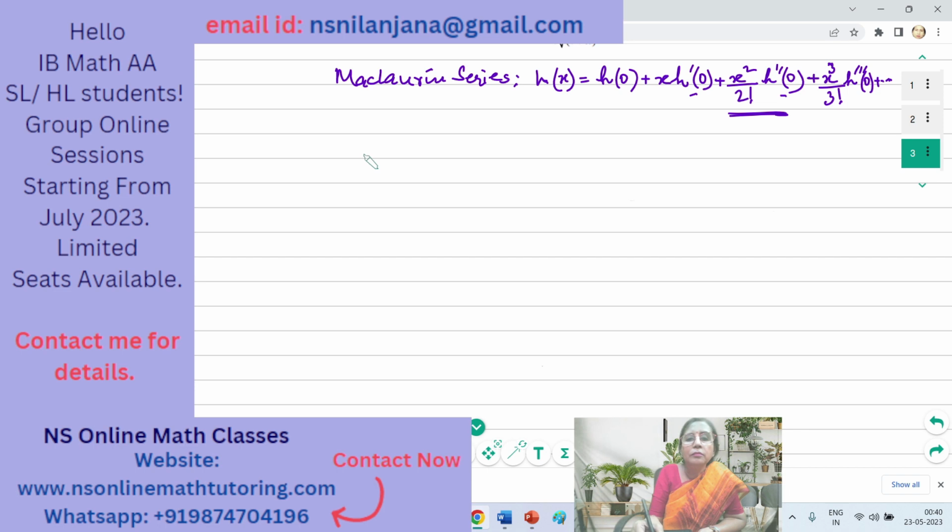So h of x is equal to g of x times, or it was first f of x written, so let me write f of x. Both are the same, but since they have written f of x first, let me write f of x first. F of x times g of x. So what is h dash x, the first derivative?